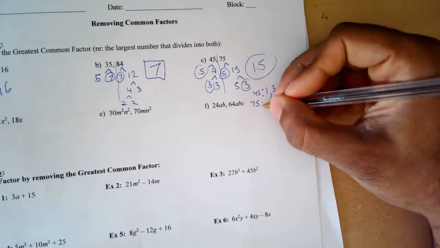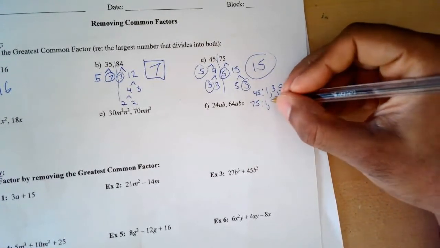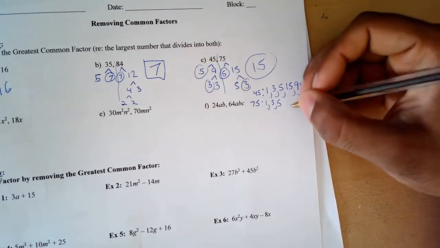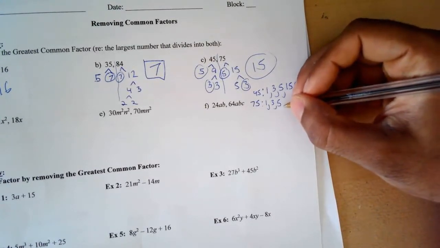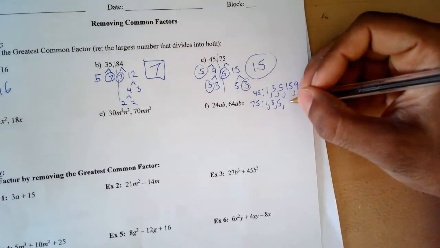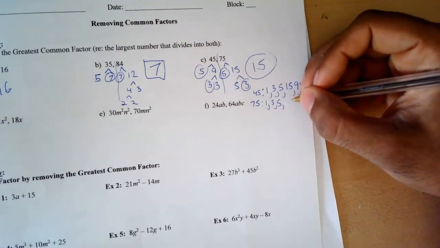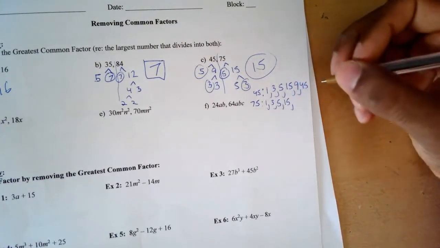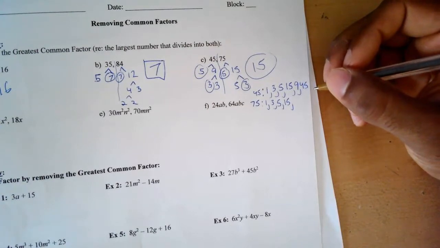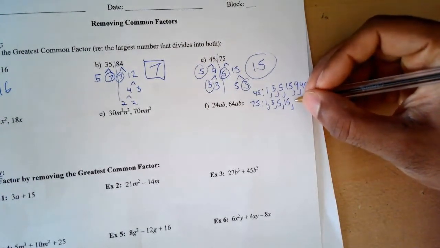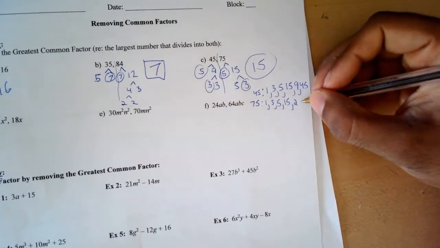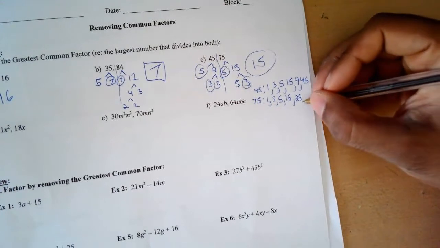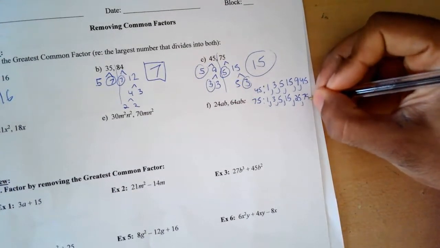So there's 1, 3, 5, 15, 25, and is that it? Okay.